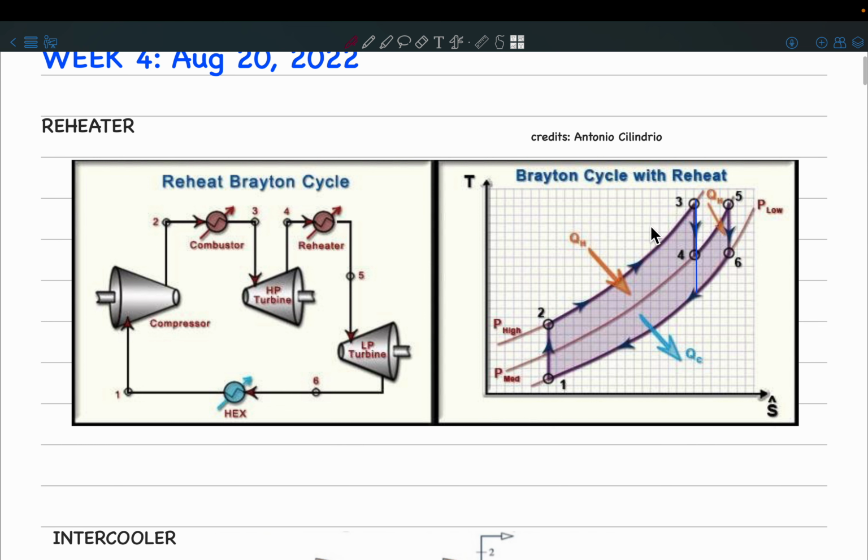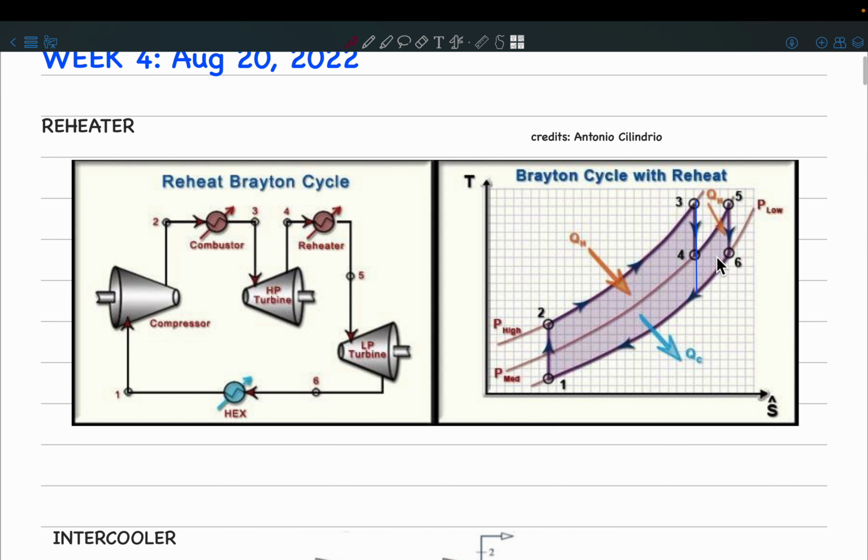So from the high pressure turbine, whatever gas you got at state 4, you will heat it and raise its temperature at constant pressure, and then at this high temperature you will allow it to expand.